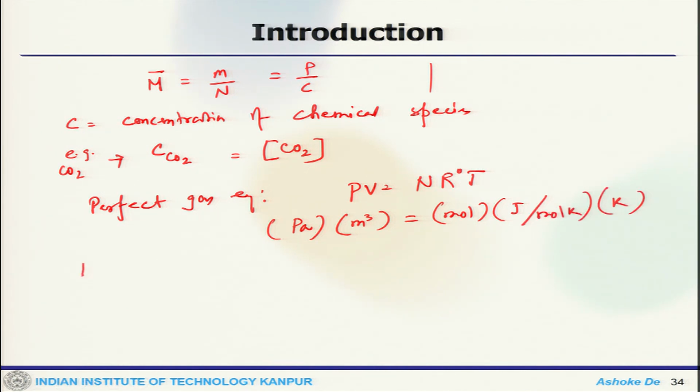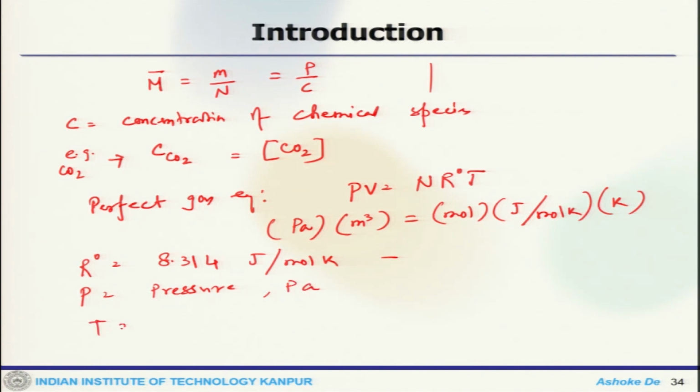The value of R naught is 8.314 joule per mole Kelvin, which is known as the universal gas constant. P is essentially your pressure, unit is Pascal, and T is temperature, which is in Kelvin.